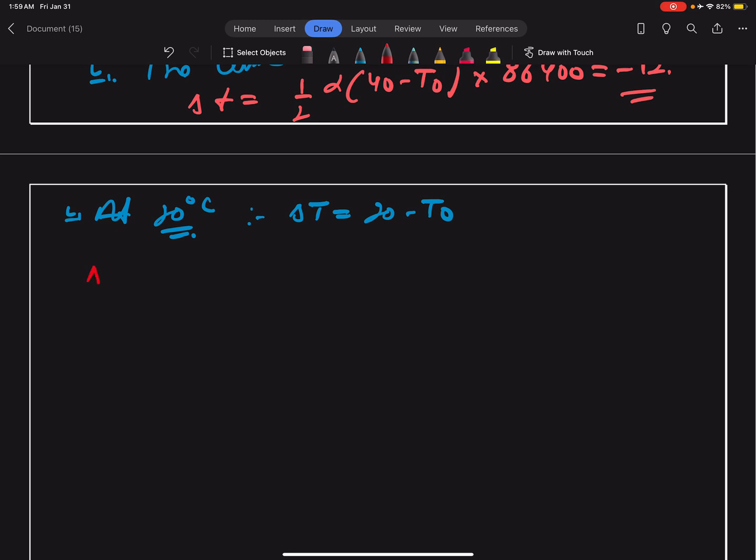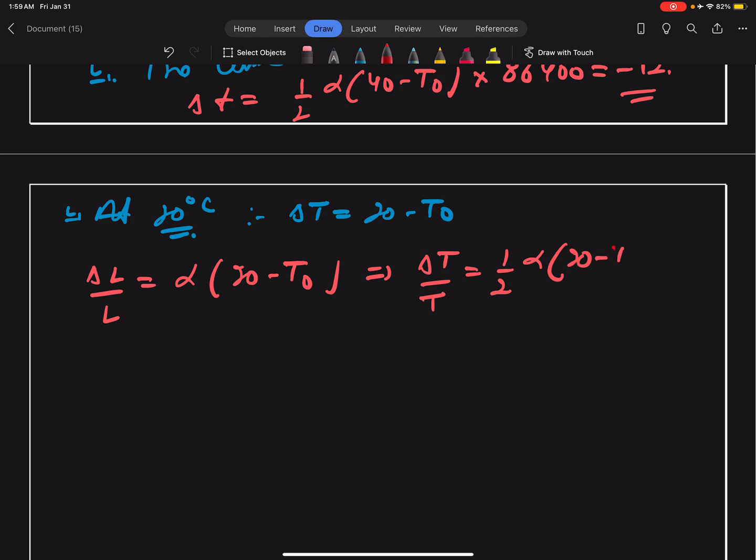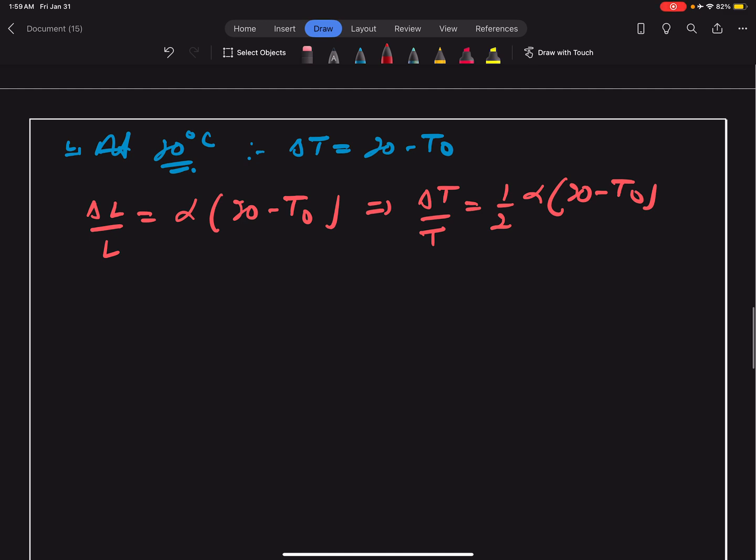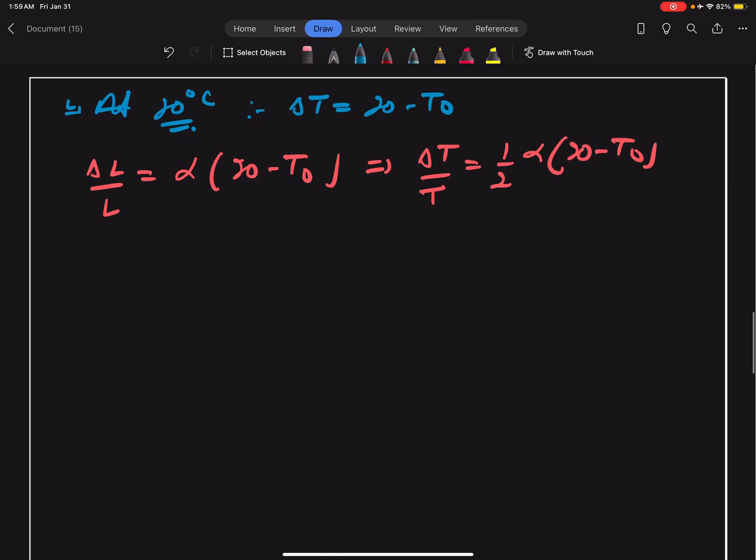Next is fractional change in the length, delta L upon L, which will be equal to alpha 20 minus T naught. From here we can write a fractional change in time period, that will be equal to 1/2 alpha 20 minus T naught.